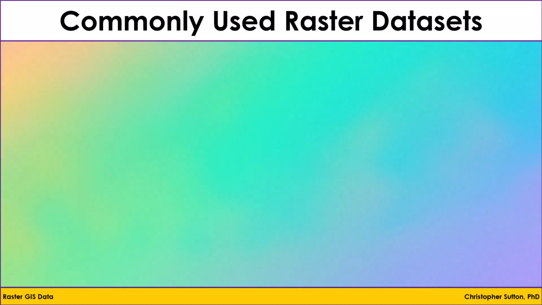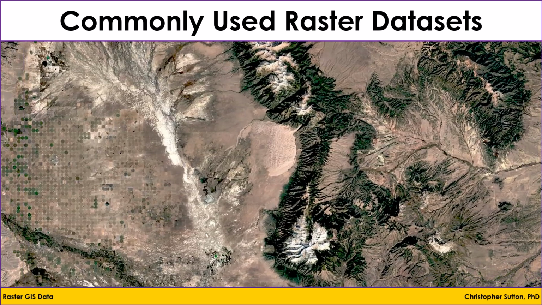What are some commonly used raster GIS datasets? Satellite imagery and aerial photography contain visual and multispectral data in each cell of the raster layer. Such imagery is used for visualization, environmental monitoring, and change detection.